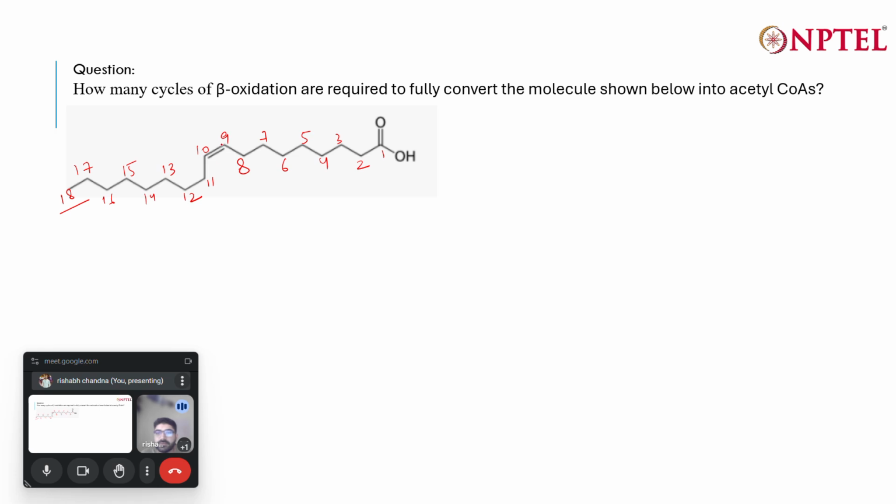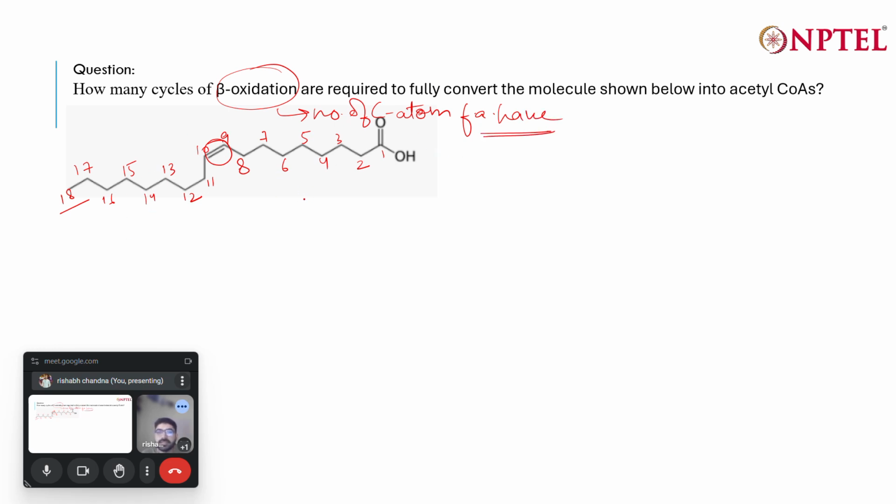Irrespective of the presence or absence of a double bond, the number of cycles of beta oxidation would remain the same. It only depends upon the number of carbon atoms the fatty acid has. So it has 18 carbon atoms.